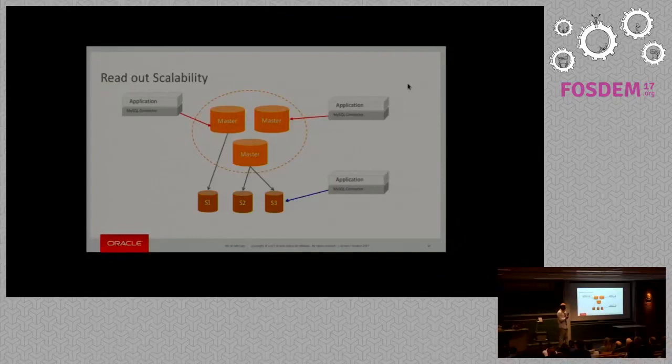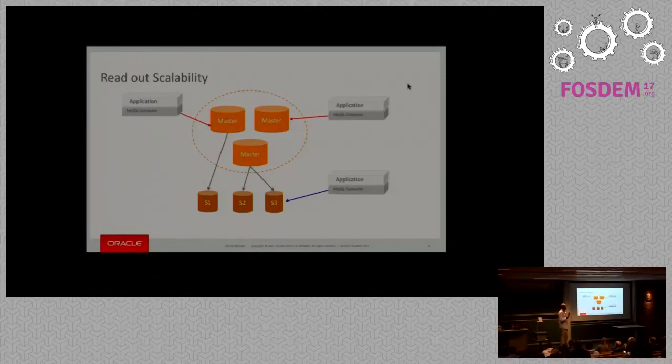You can have a group with several masters. Either it is multi-master or single master, it doesn't matter. You can still replicate from the group and have asynchronous slaves, so you can scale out reads or do backups on cheap hardware, wherever you want. So you can read from these slaves.